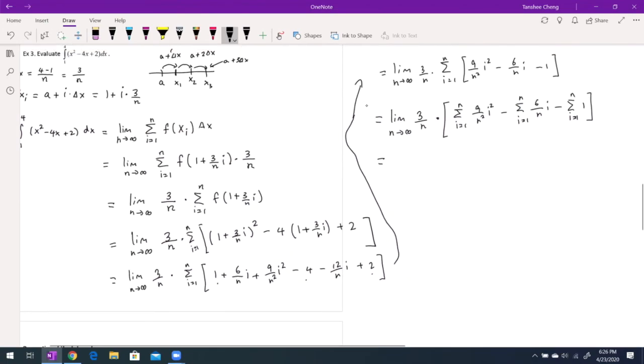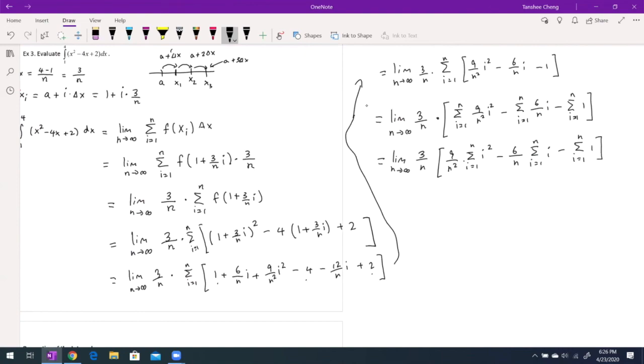So this will become the limit as n approaches infinity of 3 over n times 9 over n squared times the summation of i equals 1 to n of i squared, minus 6 over n times the summation of i equals 1 to n of i, minus the summation of i equals 1 to n of 1.